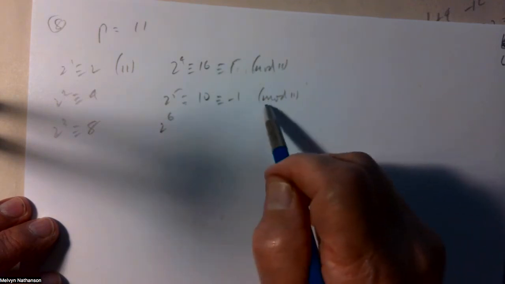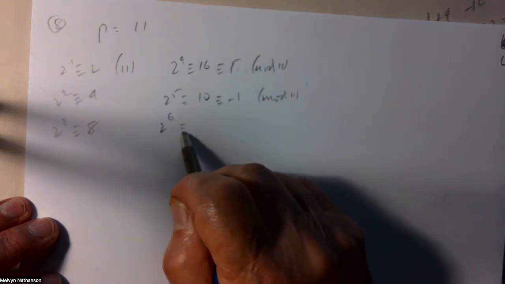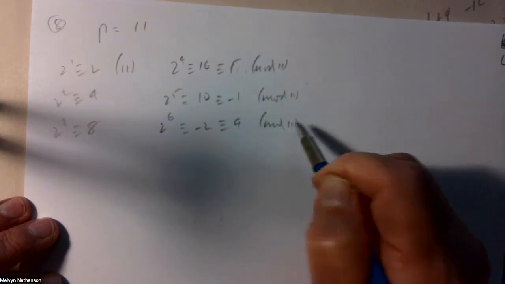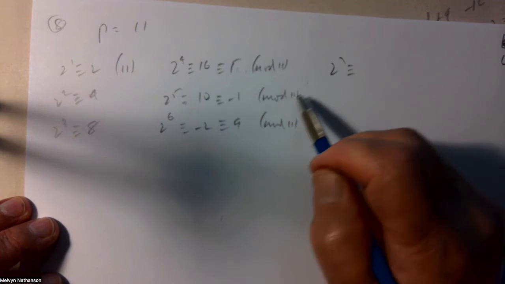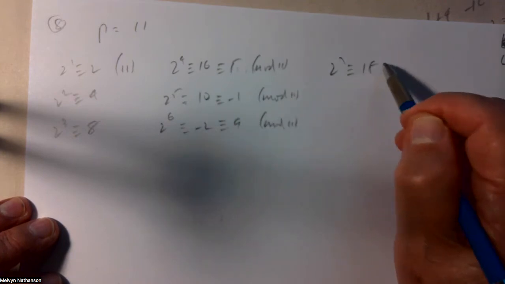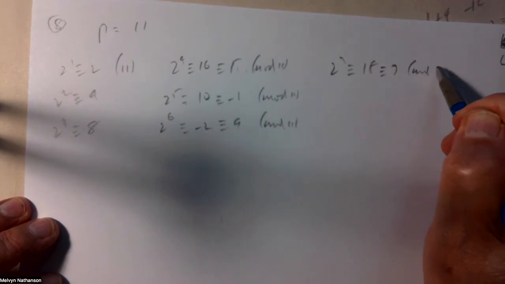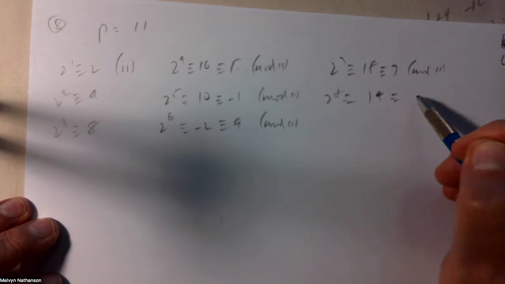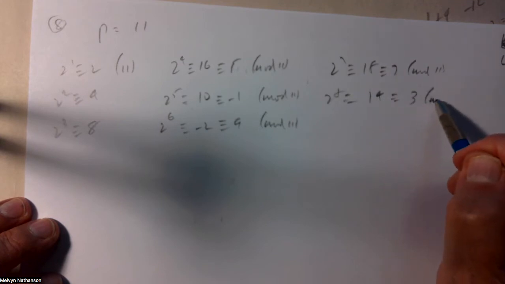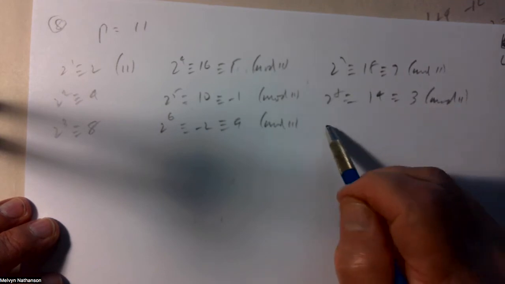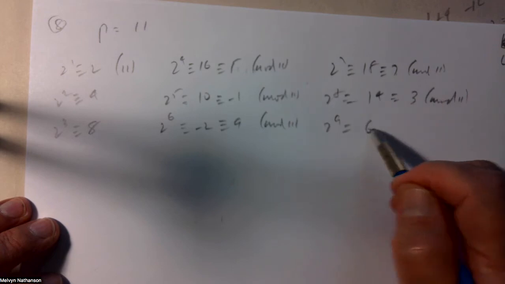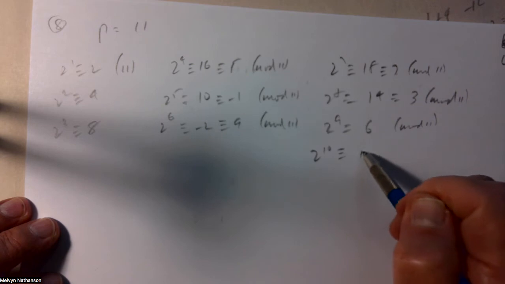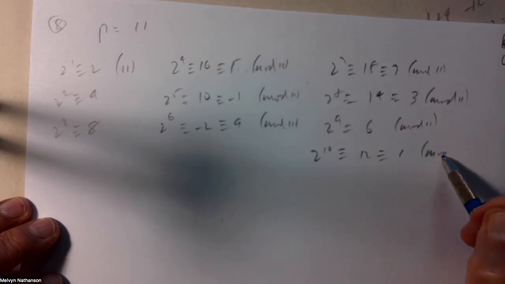So 2 to the sixth is 2 times 2 to the fifth, that's minus 2, which is 9 mod 11. 2 to the seventh is 2 times 9, is 18, is 7 mod 11. 2 to the eighth is 2 times 7, is 14, which is 3 mod 11. 2 to the ninth is 2 times 3, is 6 mod 11. And 2 to the 10th is 12, which is 1 mod 11.